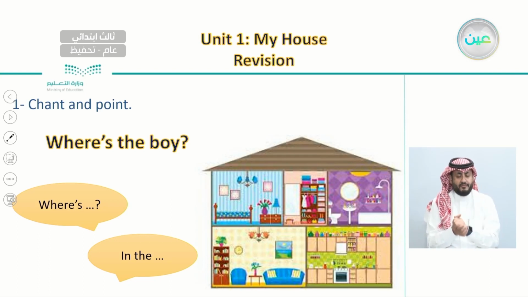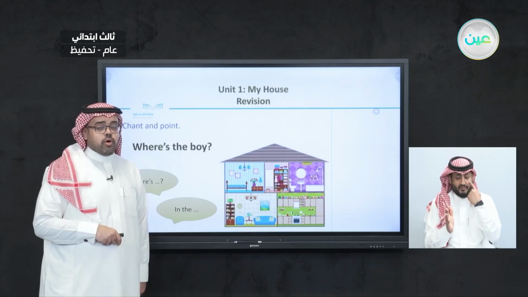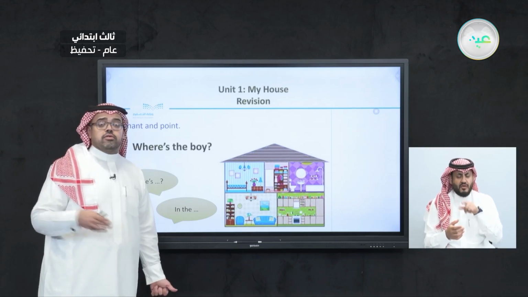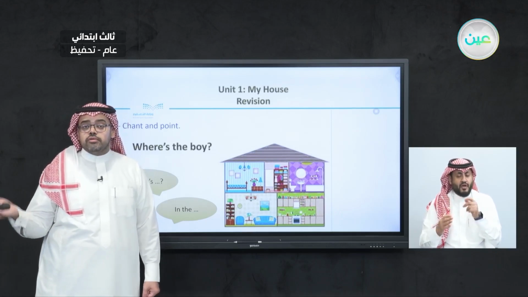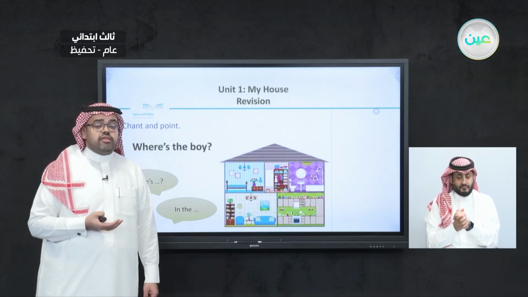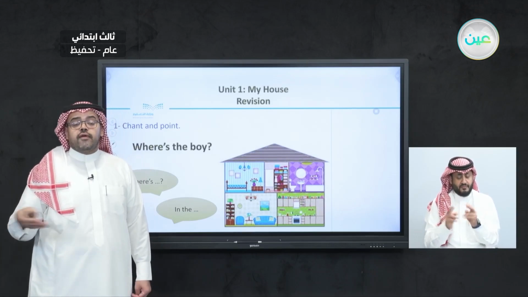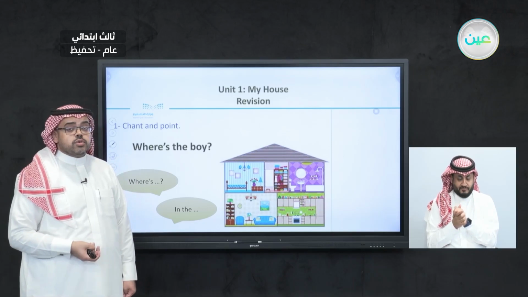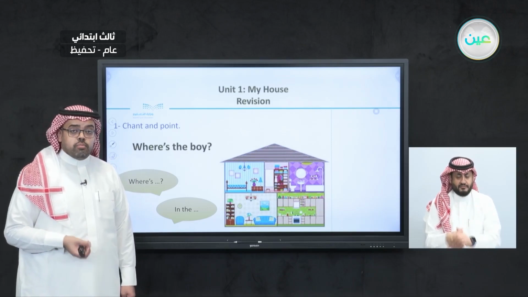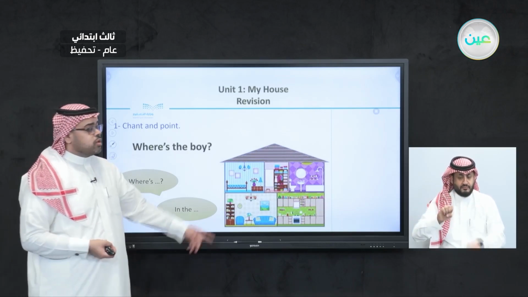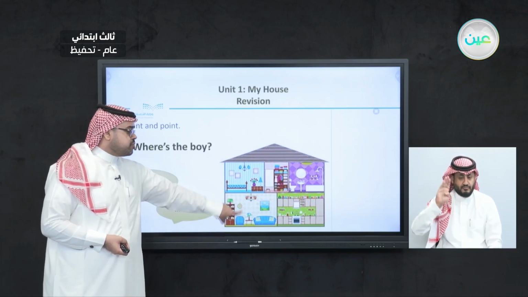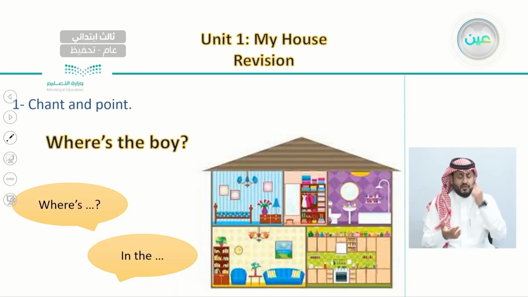So we have a place like this, an open house like this, where you can see a boy. You can practice this in pairs with either your classmates or one of your friends, and you can ask this question, where is the boy? And your partner will look at the different rooms and say the room.